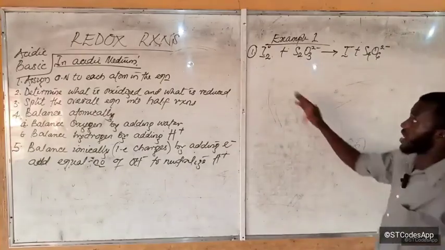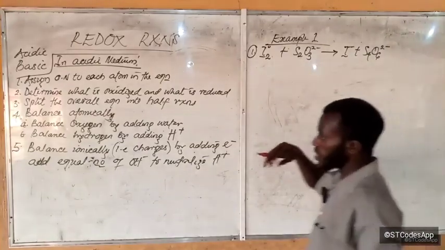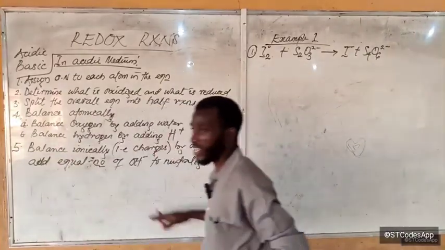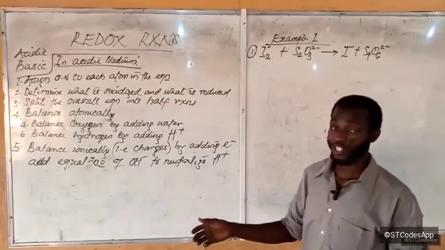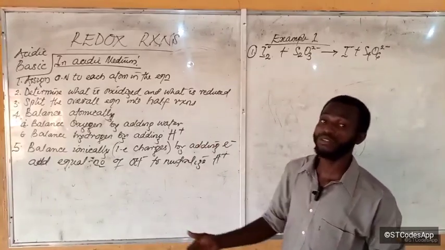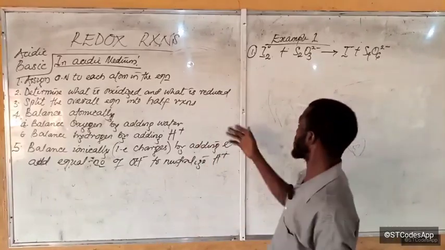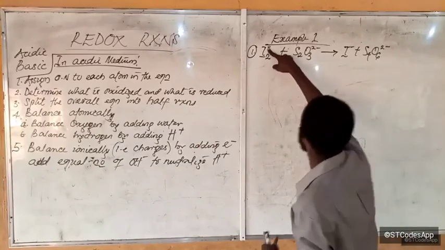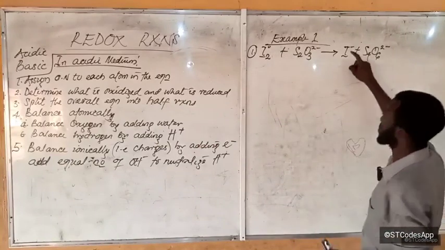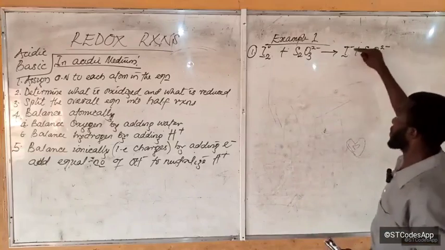Now, you don't even have to check everything. Because once you have gotten the species that is oxidized, you will know the species that is reduced. Is that okay? The other species is the one being reduced. So in this case, we are going from 0 to what is the total charge of iodine here? -1.